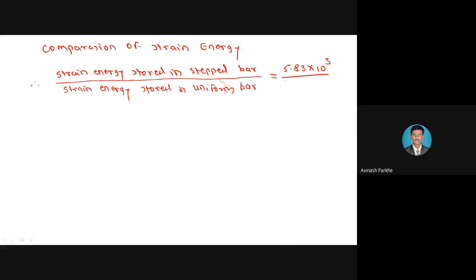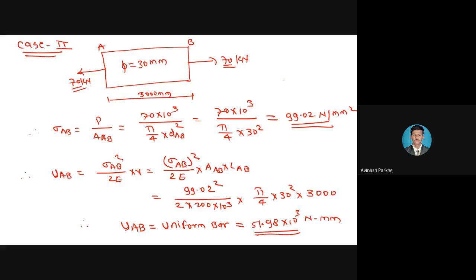Please check your answer once again. Whether 51 or 5 point something, 5.19. Please check your answer. Whether 51.98 into 10 raised to 3 or 5.19 into 10 raised to 3.